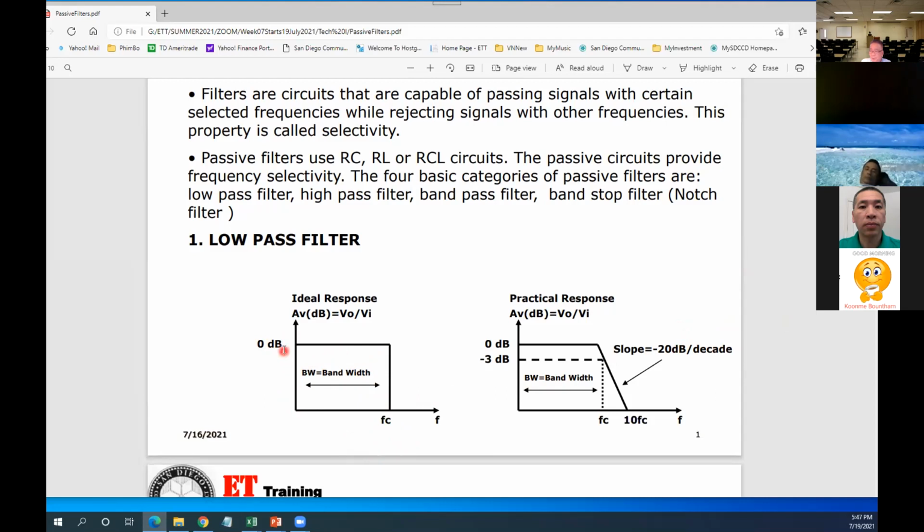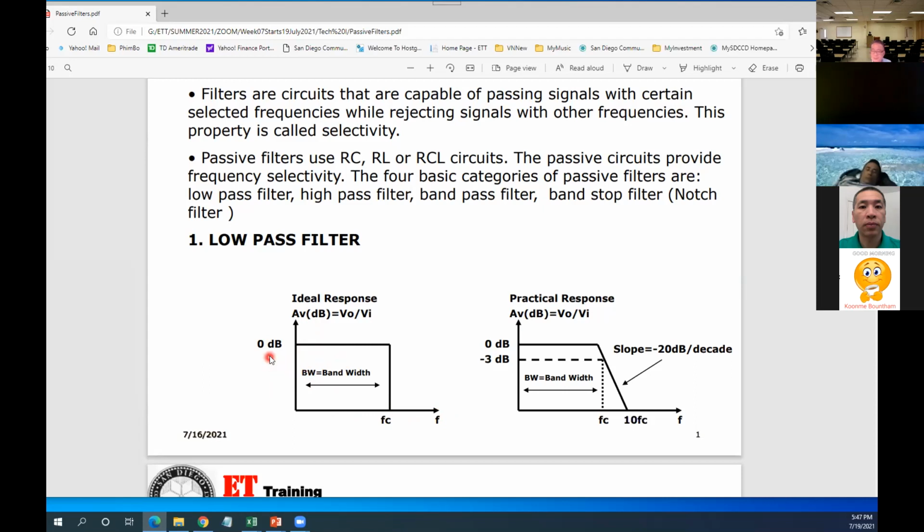That displays the AV voltage gain, and this stands for frequency. That means the frequency domain. Okay. So this is the ideal low pass filter.